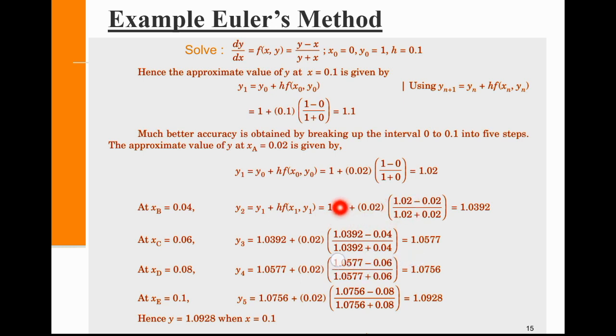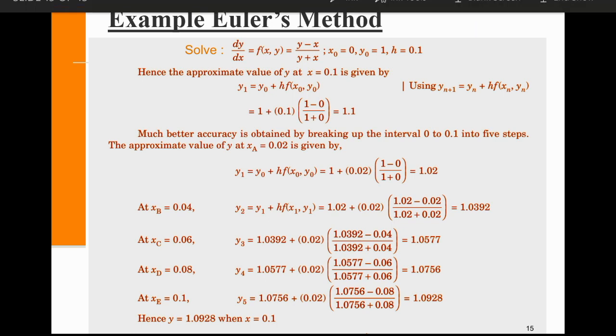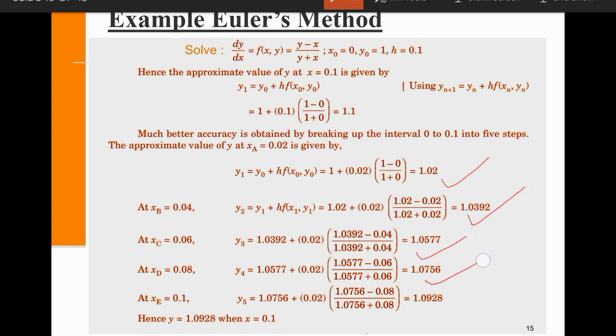So all the values we have substituted and calculated the value of y2, that is 1.0392. Right? In a similar way, we have found the values of y3, y4 and y5. So this becomes our y1, this becomes our y2, this becomes our y3, y4 and y5.